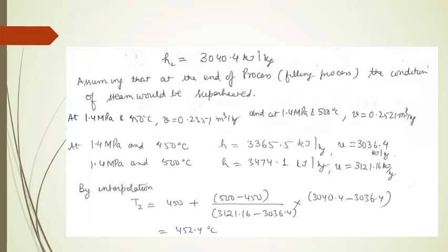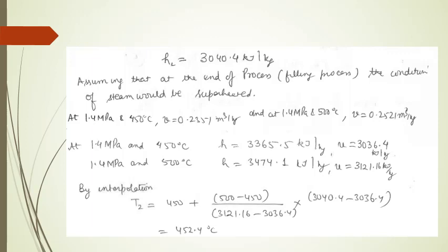Now by interpolation, we can determine the value of T2. Because Hi is equal to U2, it indicates that U2 is equal to 3040.4 kilojoule per kg. Now look at these two values of U given on the slide, one for 450 degrees Celsius and another for 500 degrees Celsius, both at 1.4 megapascal.